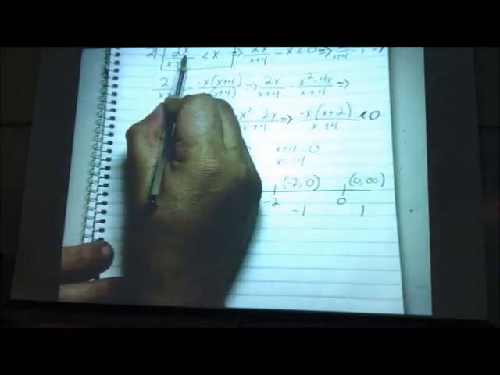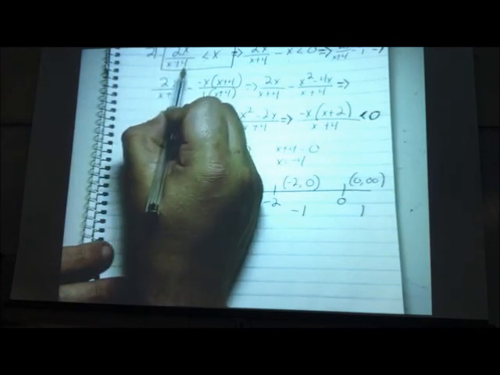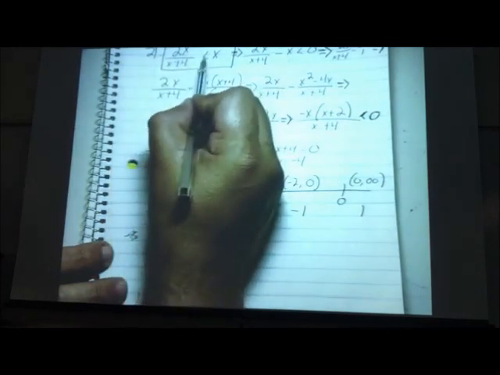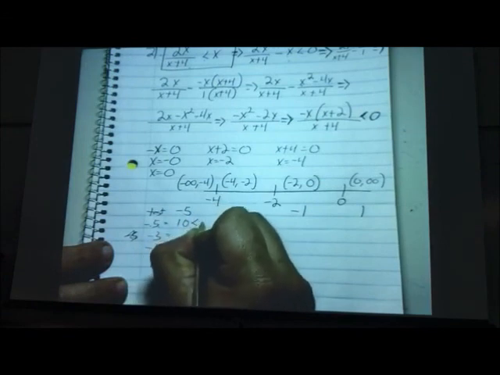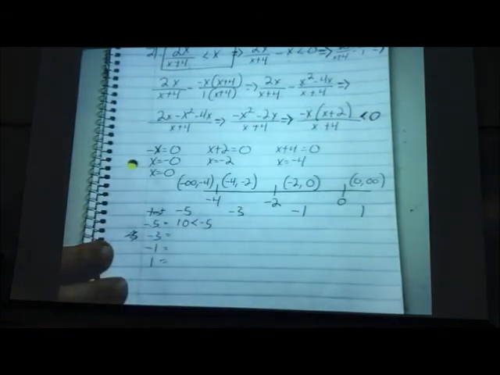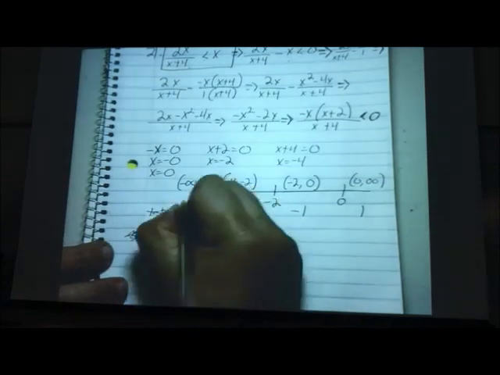So -5. If we put a -5 in x, that's 2 times -5 over -5 plus 4, less than -5. It comes out to 10. Is 10 less than -5? No.